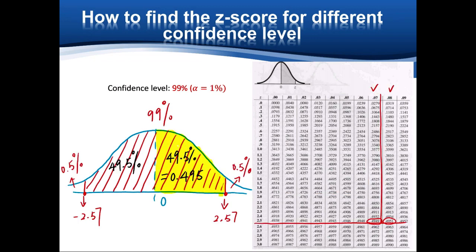And for the confidence level 99%, where alpha is 1%, the area in yellow, which is the table value, is 49.5%, and corresponding z-score could be 2.57 or 2.58, and we can use 2.57 in the future.